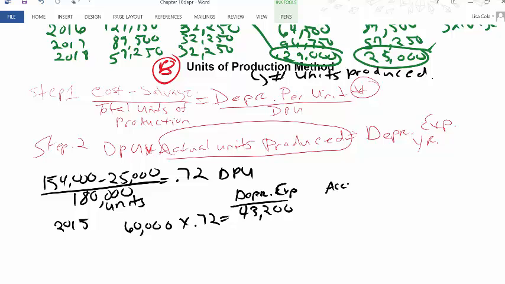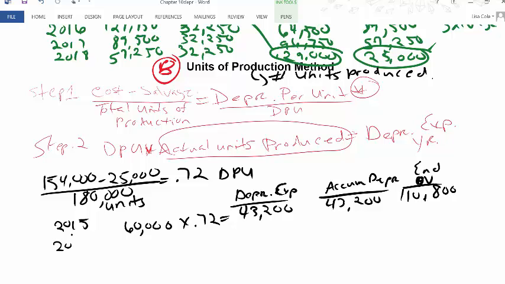And if we kind of follow our same chart, my accumulated depreciation then would be $43,200. And then my ending book value, that's a B, would end up being $110,800. So let's do the next year. And every year, we'll have to tell you how many units they produce.